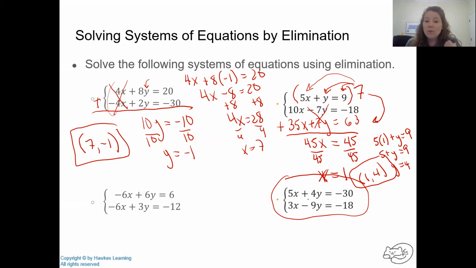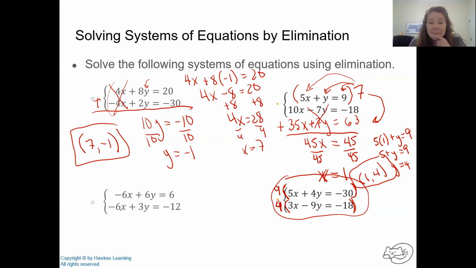So 4 and 9, what do they have in common? 36, right? So I would multiply the whole top by positive 9, because 9 times 4 is positive 36. And the bottom I would multiply by positive 4, because 4 and negative 9 is negative 36. So I'll help you out that way. Now I want you guys to try that on your own.